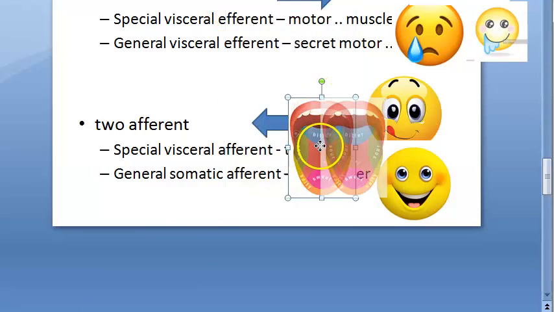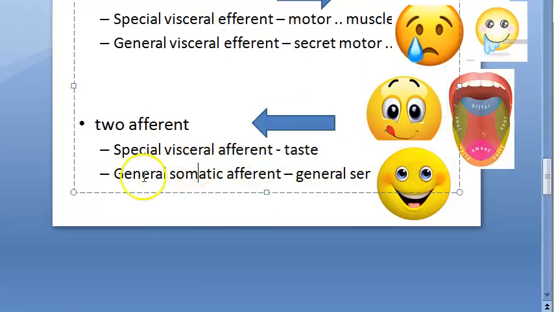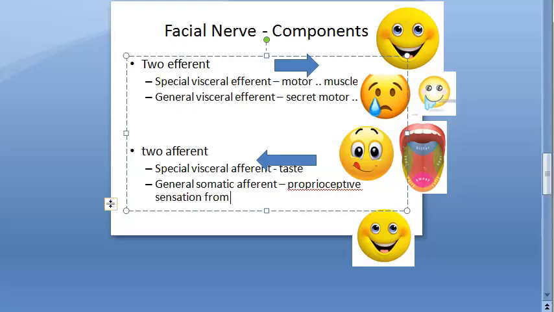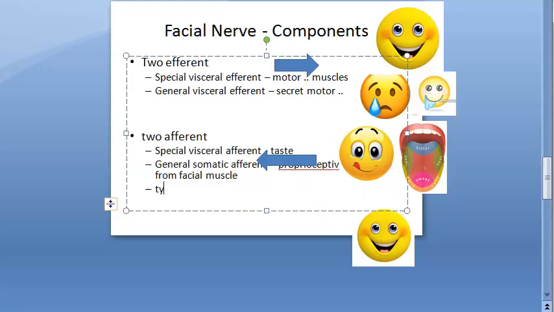Then what else are the inputs that the facial nerve is getting? It is getting proprioceptive sensation from facial muscles, right? And then also from the tympanic membrane, from the concha, that is the ear, the part of the pinna, the concha, right?